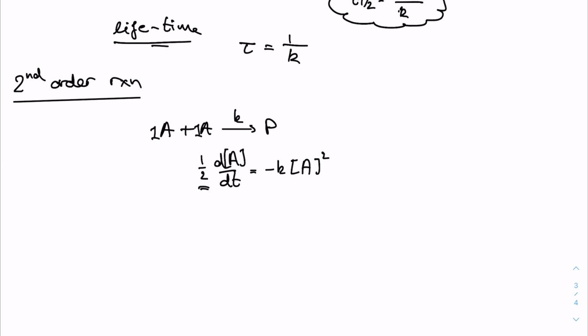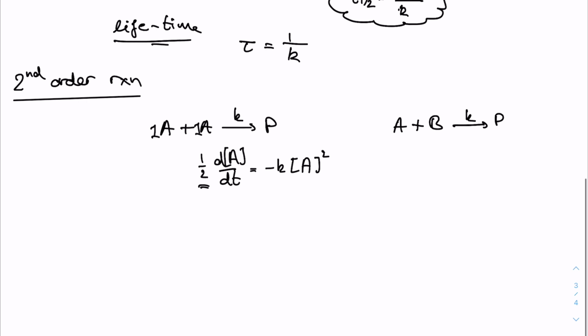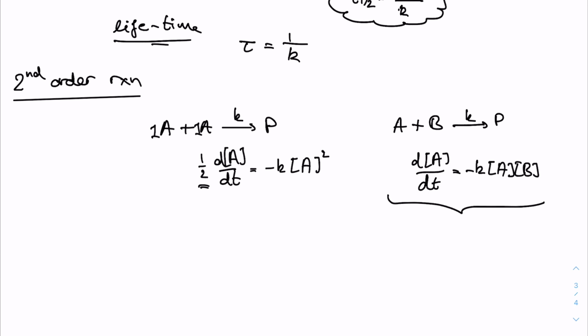Okay. Other simple example. A plus B give P, dA dt in this case would be minus k times A times B. Okay, so one way of solving this second order reaction is considering the concentrations of A and B at a certain time.